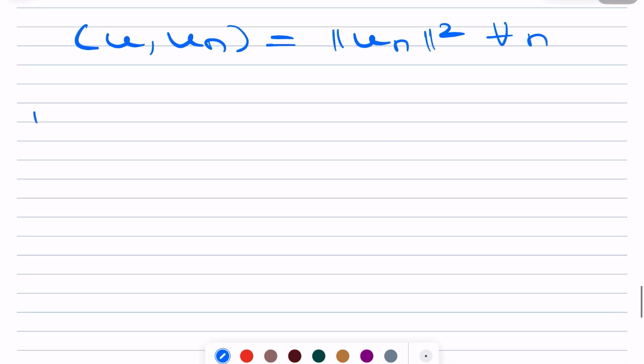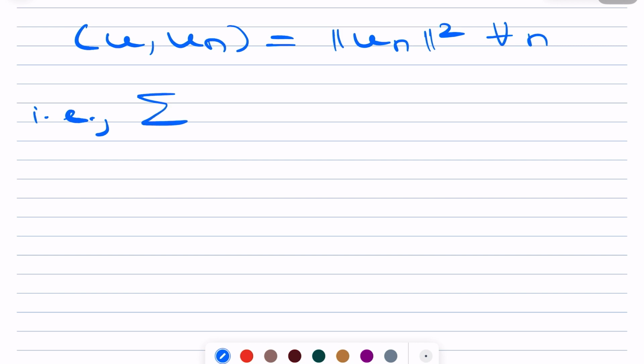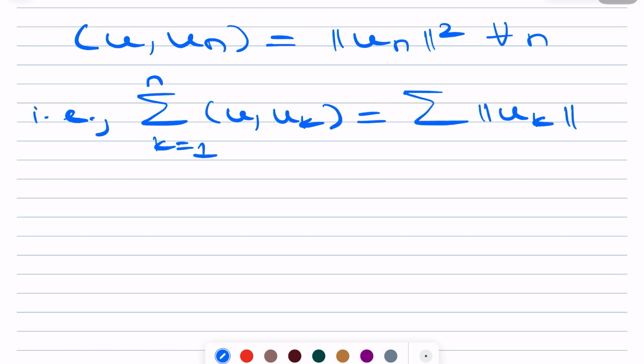Let me go slowly so as not to confuse you. This means the summation of the scalar product of u and uk, k running from 1 to n, is equal to the summation of the norm of uk squared, k running from 1 to n.